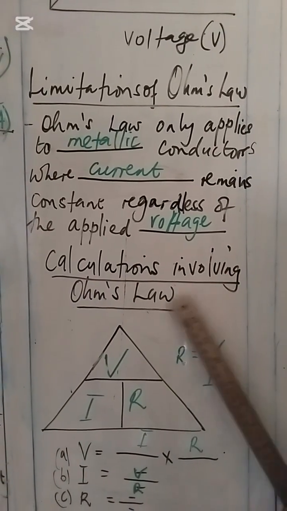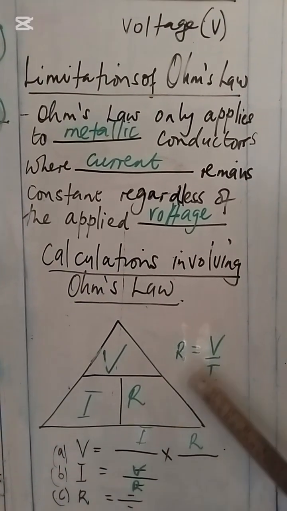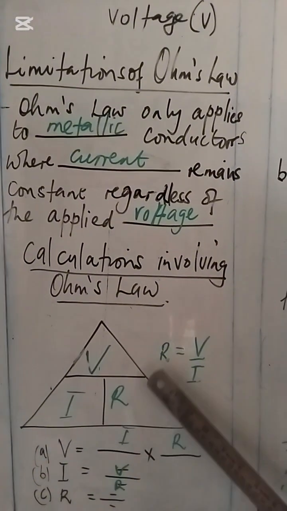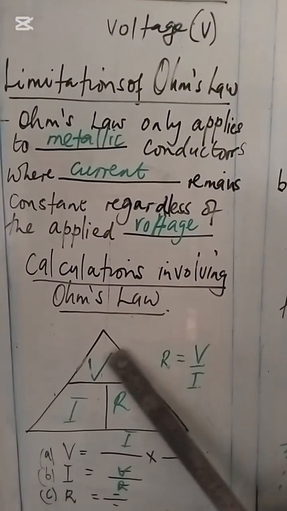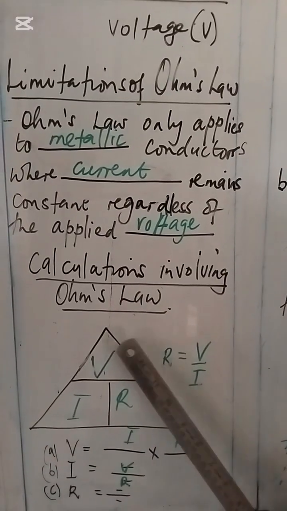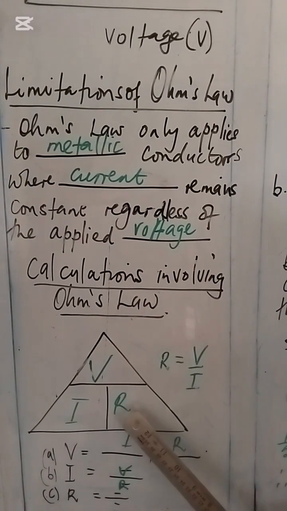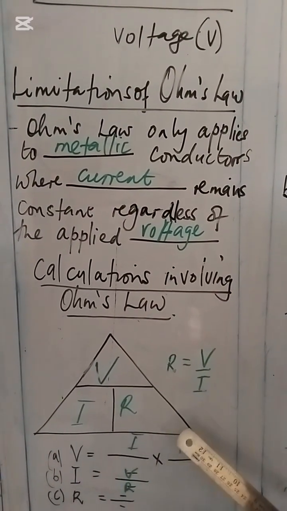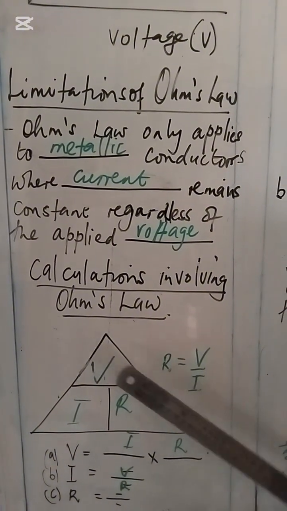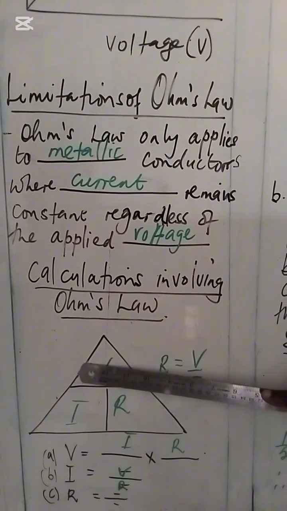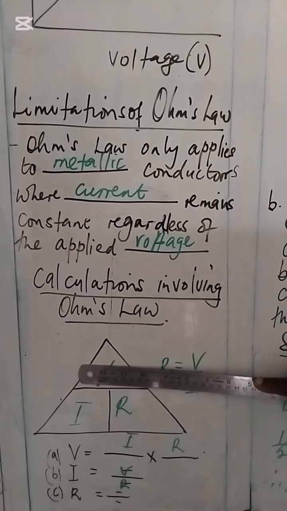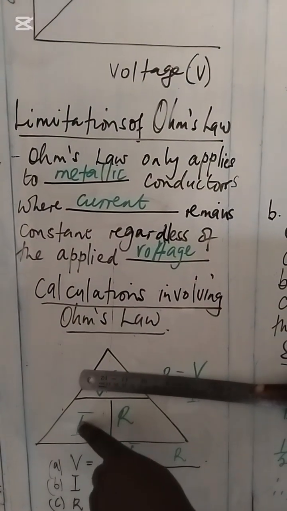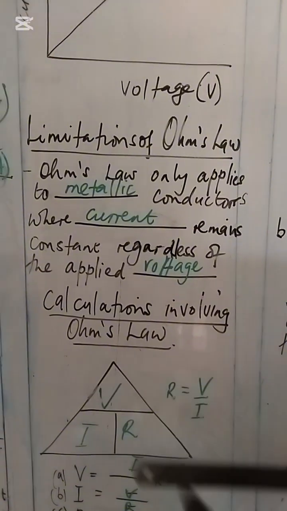Calculations involving Ohm's law. For you to easily master the formula for calculating the three variables in Ohm's law, voltage, current, and resistance, you can make a triangle like this, where if you block V from vision, it becomes voltage, current times resistance.